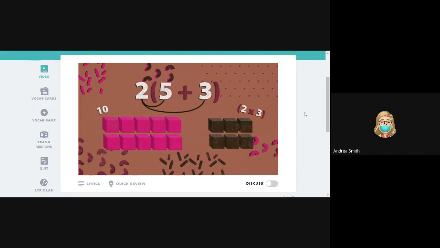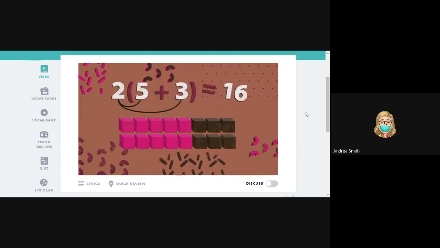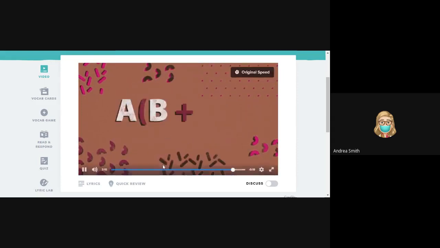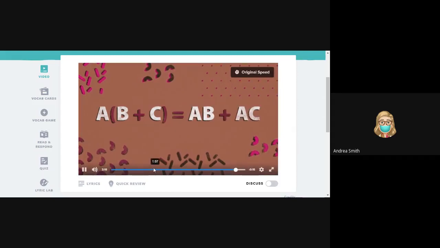You get 10 plus 6, and that's 16. We distributed the 2 here. See what I mean? Here's a nice hint to make it easy to remember. To distribute means to give it to each member. Just remember, multiply each number in the bracket by the number outside. Add them up, then you have it. 8 times B plus C equals 8 times B plus 8 times C.